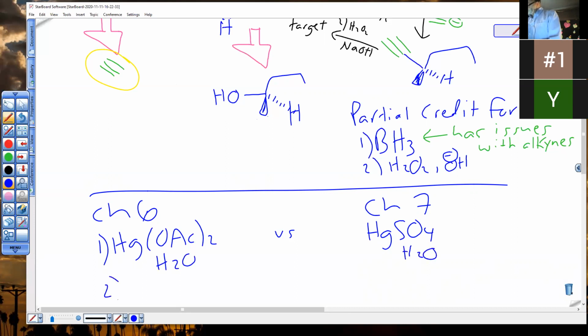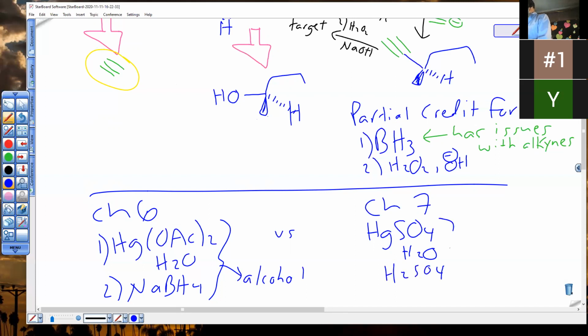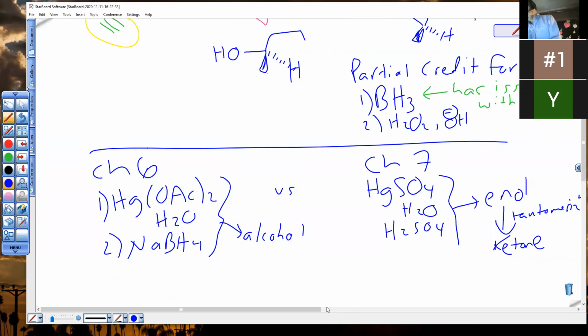And step 2 was sodium borohydride. And that combination gets you an alcohol. And this one, H2SO4, that combination gets you an enol, which tautomerizes to a ketone. So that's a 6-7 quick review there.